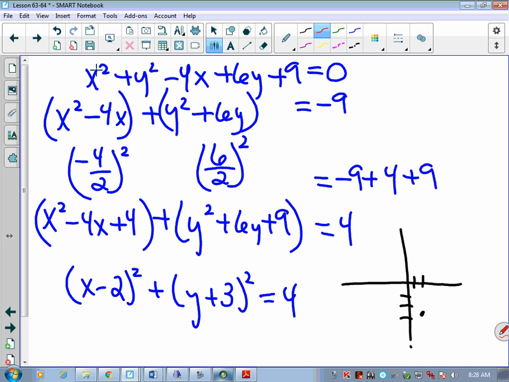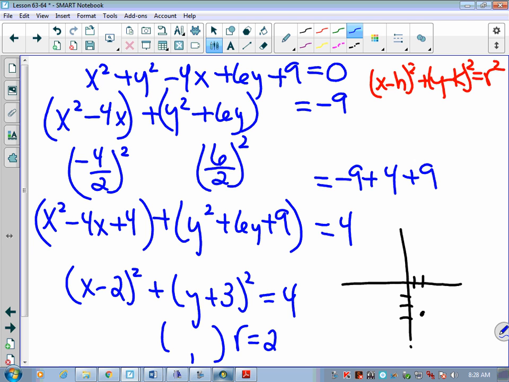Because the equation of a circle is (x minus h) squared plus (y minus k) squared equals r squared, and that's not 4 squared, it's 4. What do I have to do to find the radius? Square root it. So my radius is 2. You could rewrite this so that you have your information: 2, negative 3 for my center, radius of 2.